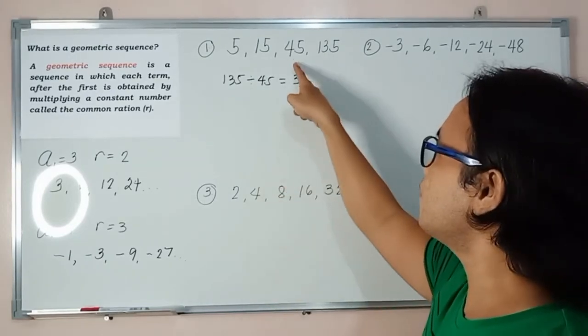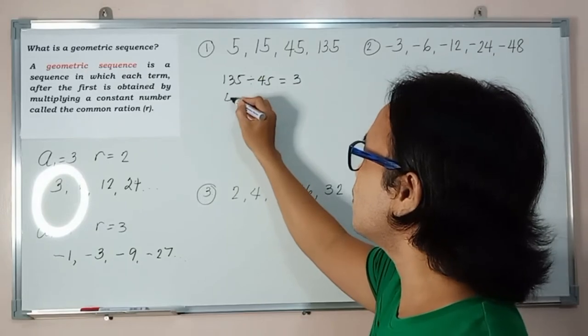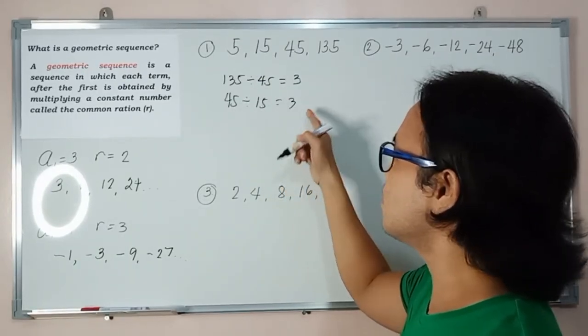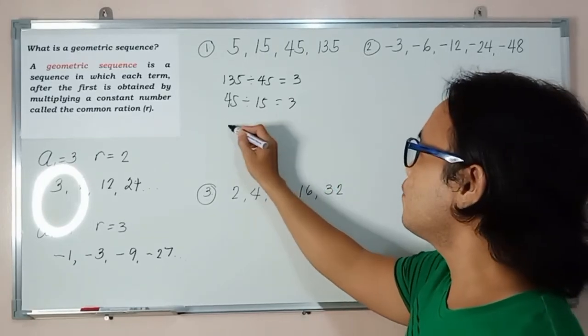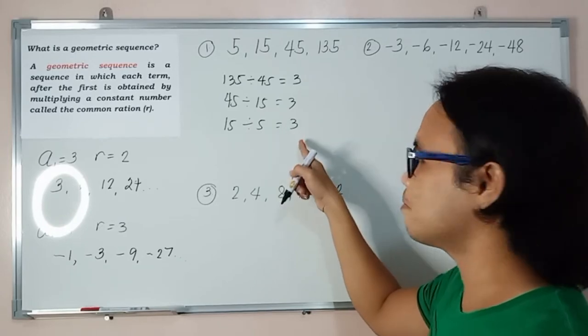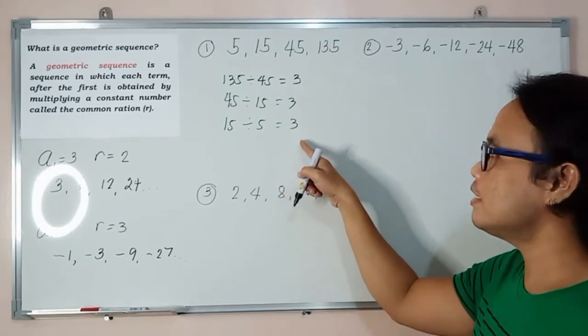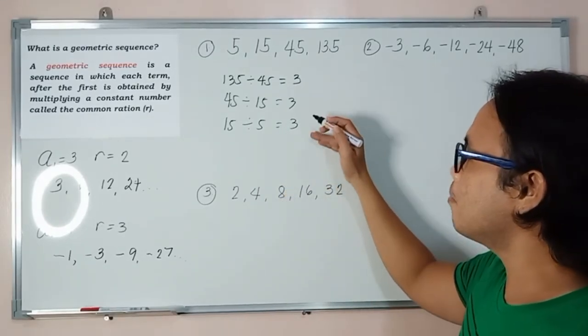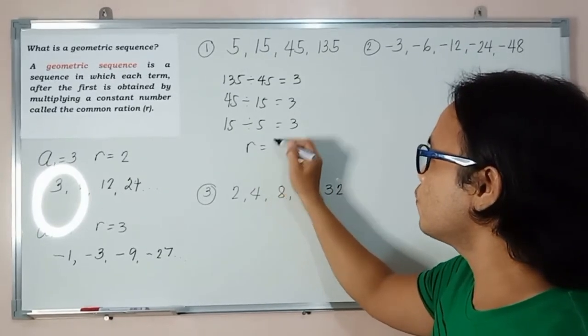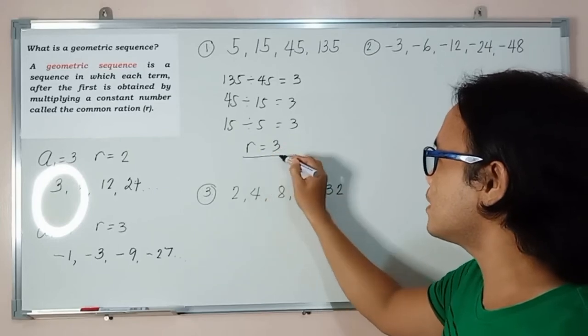Then we have 45 divided by 15 will also give us positive 3. Then 15 divided by 5 will also give us positive 3. So in this example, our constant number is positive 3. So therefore, our common ratio for this example number 1 is positive 3.